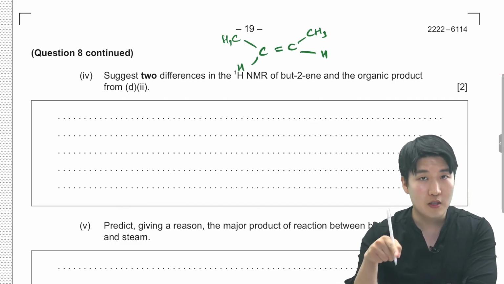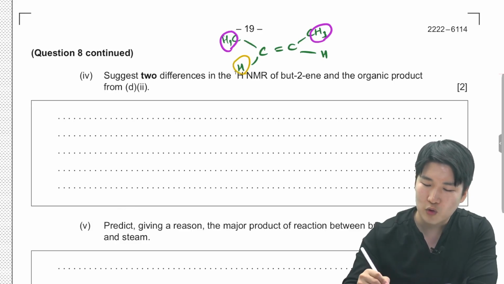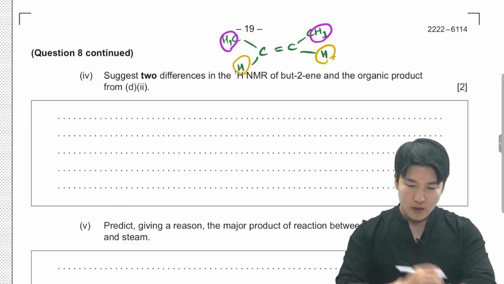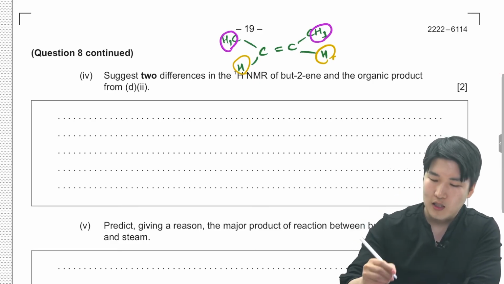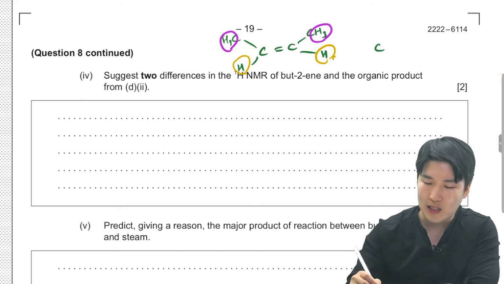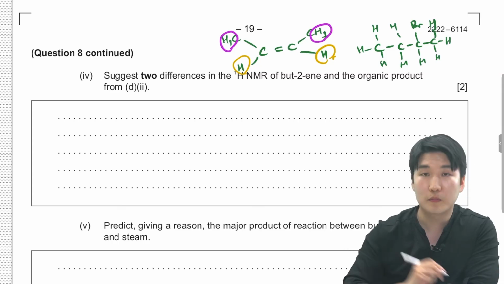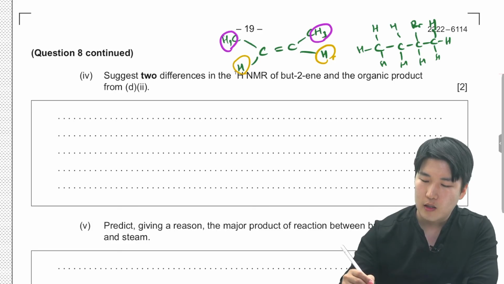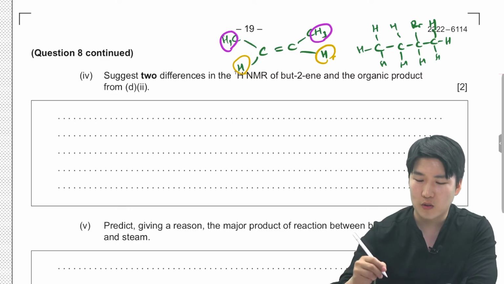We've got, firstly, a symmetrical molecule, which means that we've got 6 hydrogens that occupy the same hydrogen environment. We've got 2 hydrogens that occupy another hydrogen environment. Now this will compare with 2-bromobutane, our product, where firstly there are more hydrogens, and we've got more distinct hydrogen environments as well.